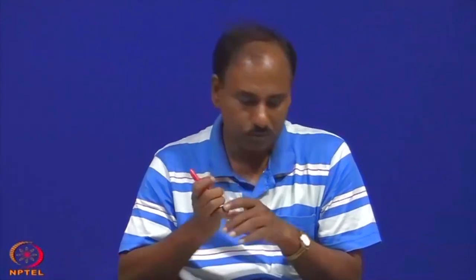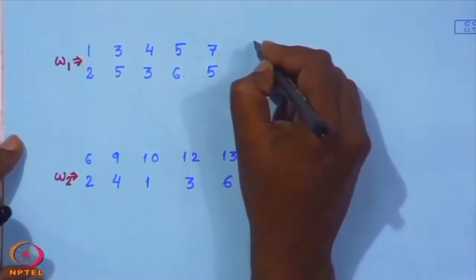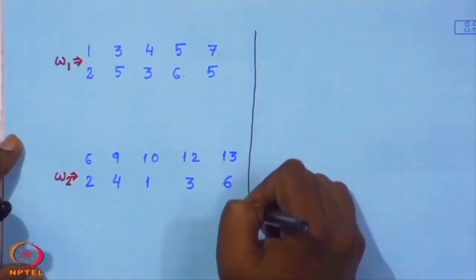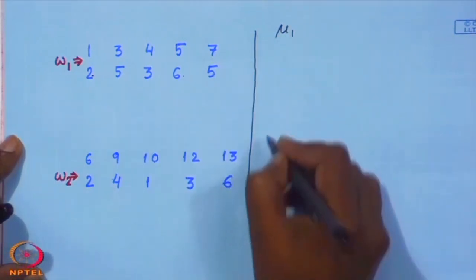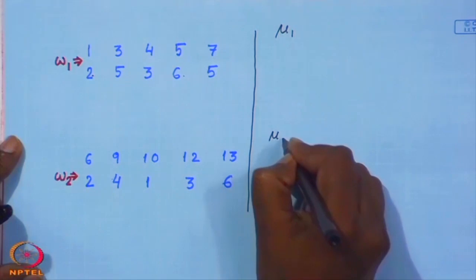First, we have to compute the mean of the feature vectors from class omega 1 and the mean of the feature vectors from class omega 2. Here I will compute mu 1 and here I will compute mu 2.